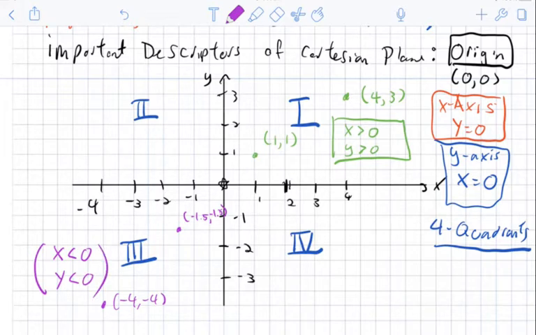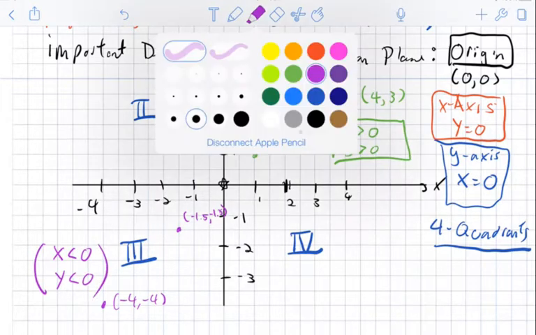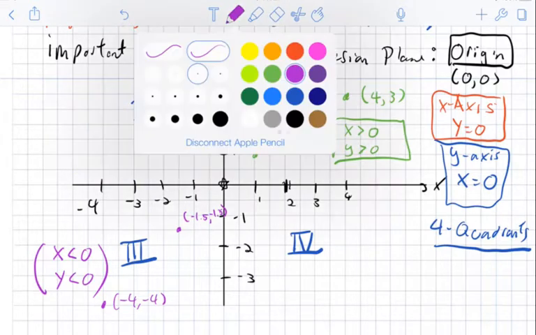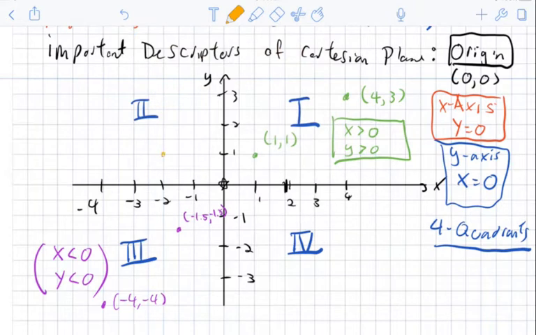All right, the other two quadrants are slightly trickier. In this quadrant, all the coordinates of all the points have something in common. Let's talk about those. This one here is minus 2, plus 1. This one over here is minus 2, plus 3.